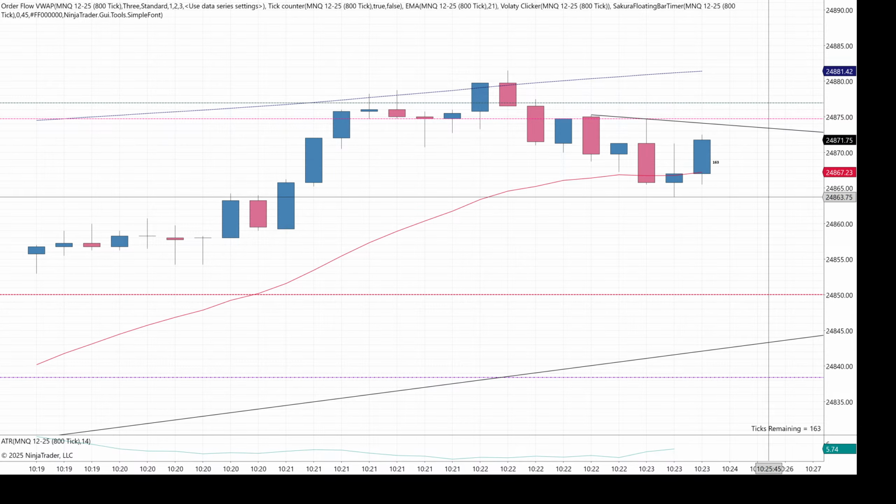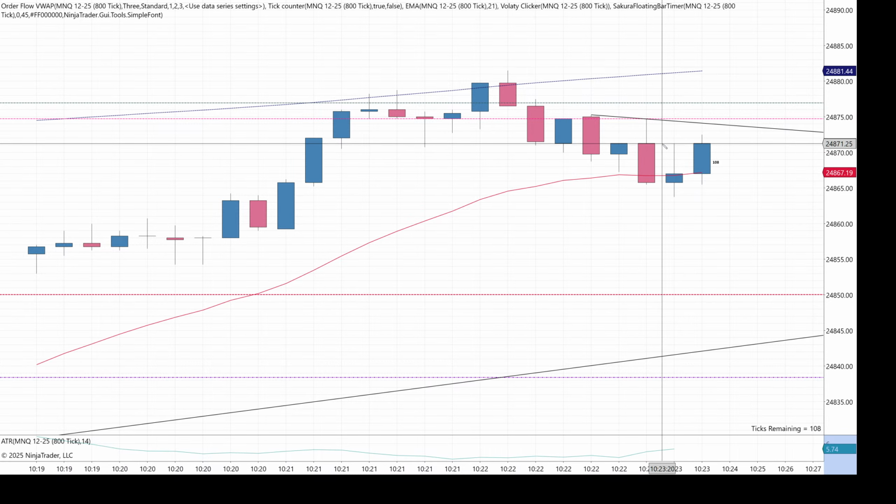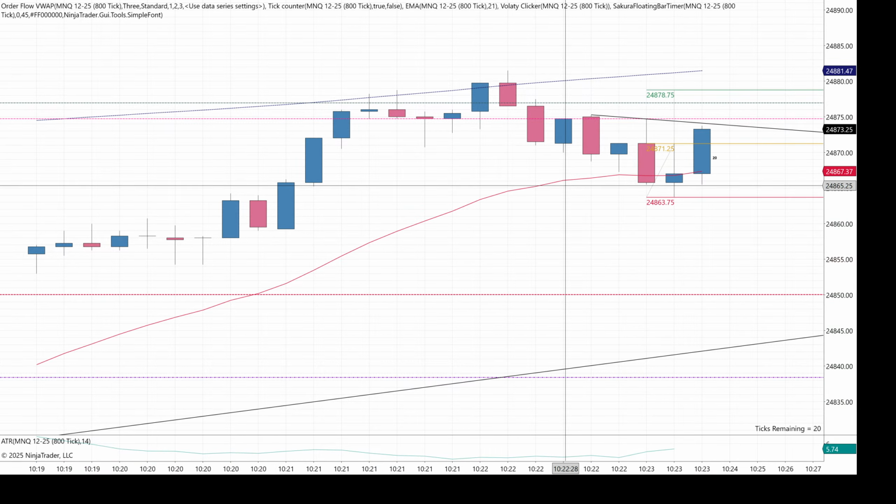This is a bullish trigger here, but we're still in the middle of the bearish trade. And we have that trend line above our heads.